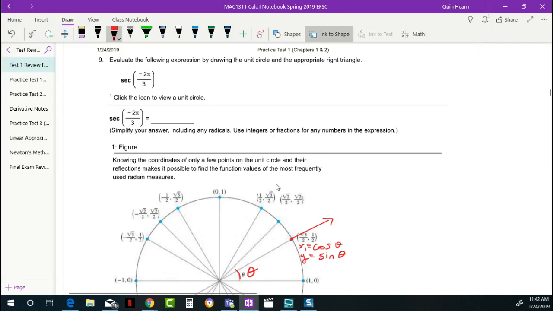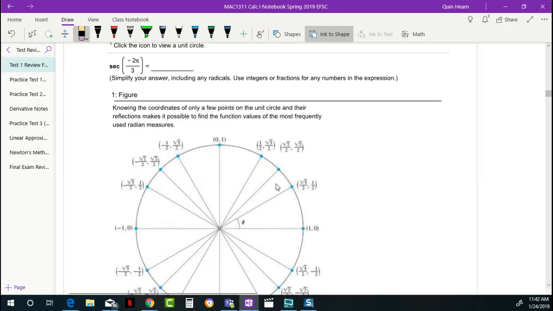These are the standard special angles that we are supposed to memorize. So you can generate these unit circle values yourself. If you just memorize quadrant 1, it repeats in all the other quadrants. The only thing that changes is the signs.